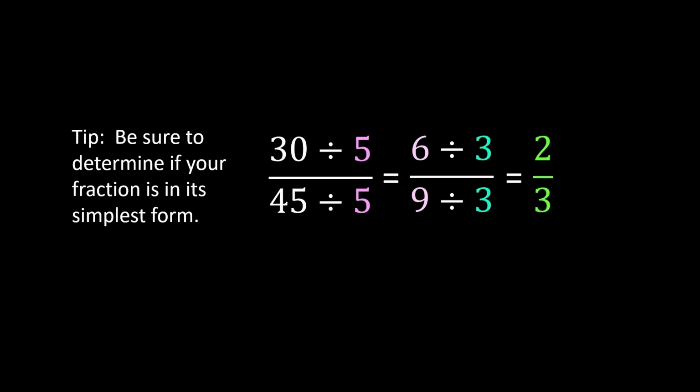Now, remember, we want to be sure that our fraction is in its simplest form to make sure that we're done simplifying. 2 and 3 don't share any common factors, so 2/3 is fully simplified. So 30/45 is equal to 2/3.